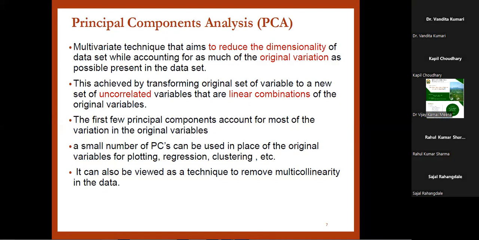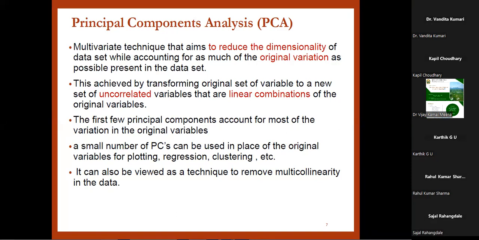So what we would like to infer is that if we have a larger number of variables, we would like to reduce them into a few variables, and these few variables would still capture the amount of original variation that was present in the original data set.